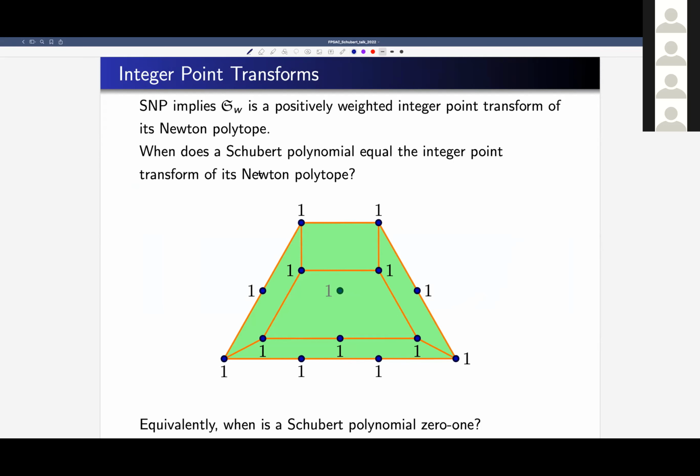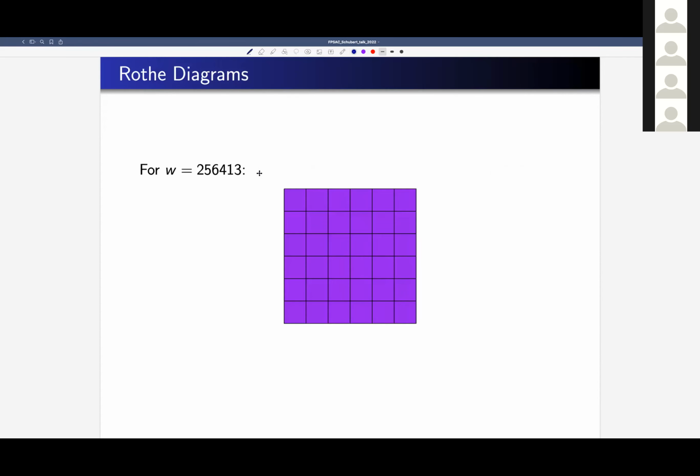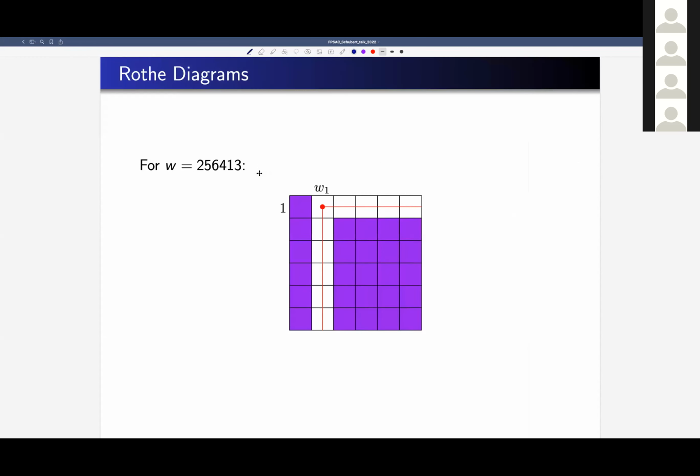It means that because we know that the Newton polytope is saturated and Schubert polynomials have integer coefficients, okay? So in other words, and this is how this question actually occurred back when we considered it, we wanted to know when the Schubert polynomial is the integer point transform of its Newton polytope. Well, we already went through Rothe diagrams, right?